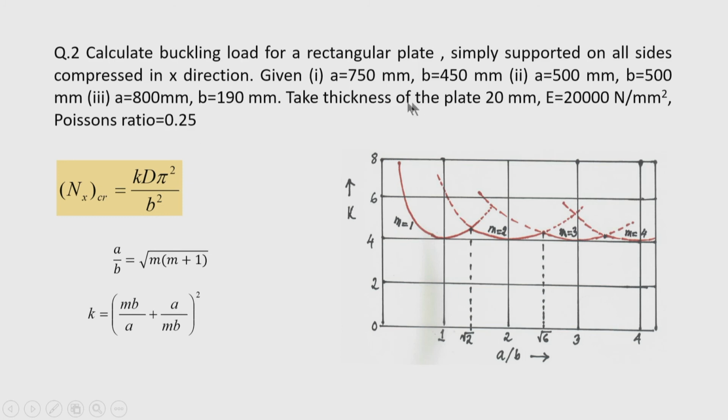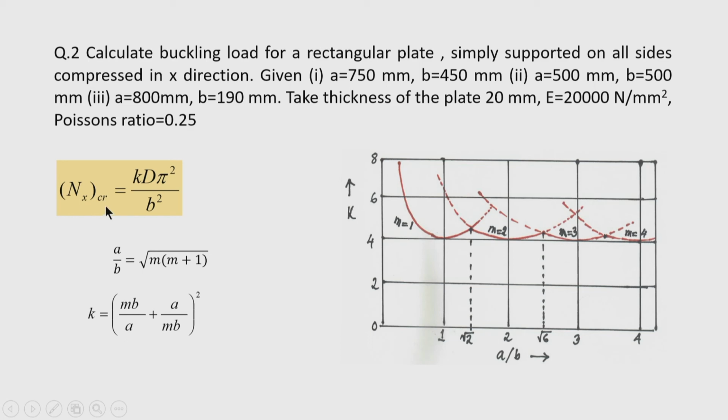Thickness of the plate in all cases we can take as 20 mm. The modulus of elasticity is 2 into 10 to the power 5 Newton per mm square. Okay. So, these are the things that we derived in this class.